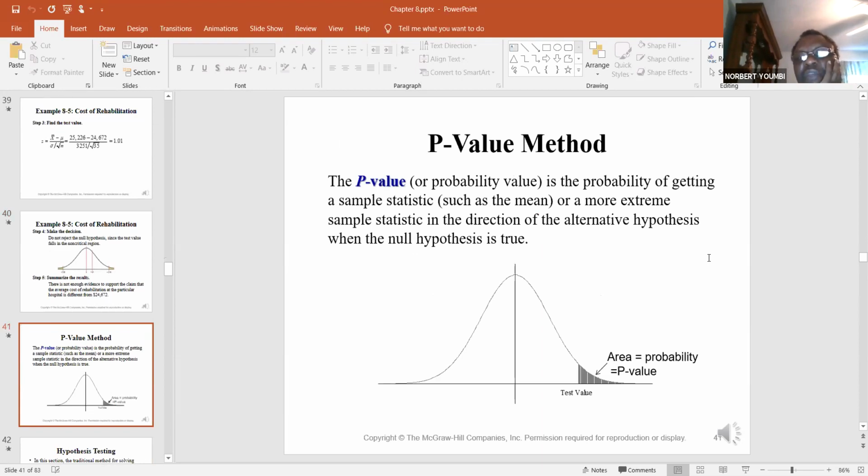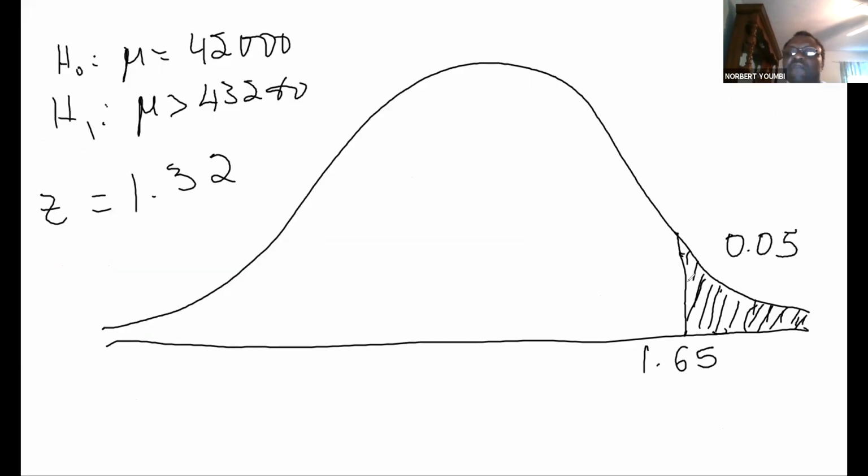So the idea of the p-value method is that we have the critical value, which is 1.32. Then the p-value is the area to the right of the test value for a right tail test, the area to the left of the test value for a left tail test. So we find that area.